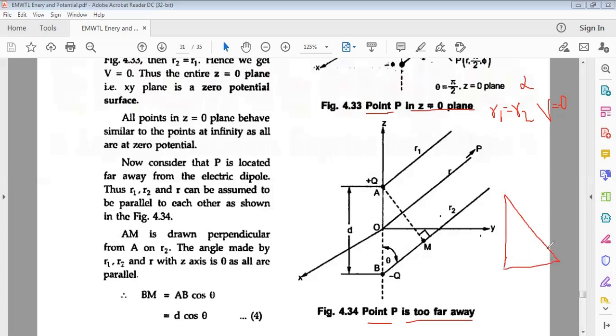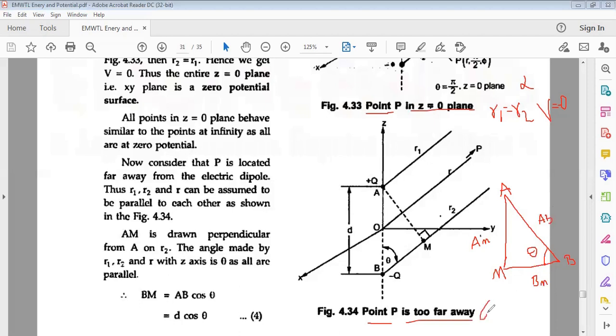In this, theta is here. The value is at A and P, and this is M. In the right angle triangle, the hypotenuse is AB, the opposite side is AM, and the adjacent side is BM.